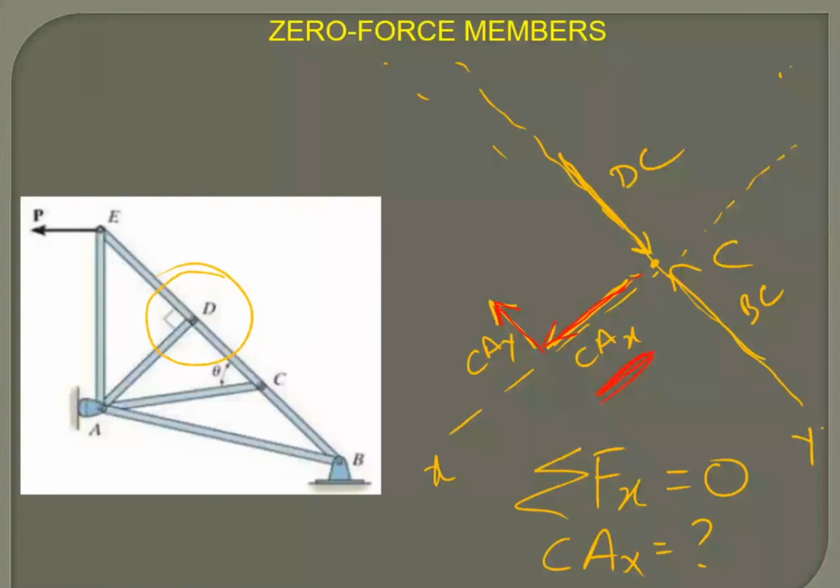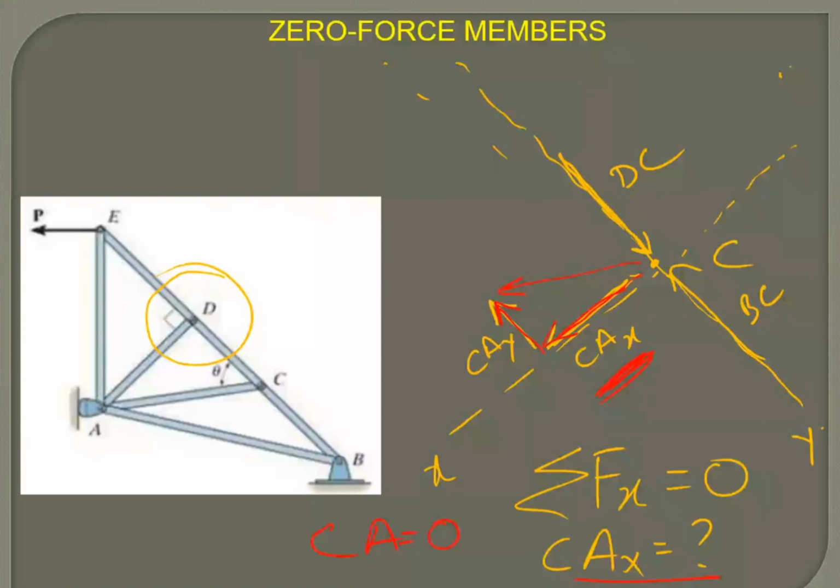Yes, sir. So CAX equals 0 then? Yes, sir. Is it clear now? It is clear now. So if one component is 0, because you had this here, remember? So this is 0. So your CA is 0. Is that clear? Yes, sir.